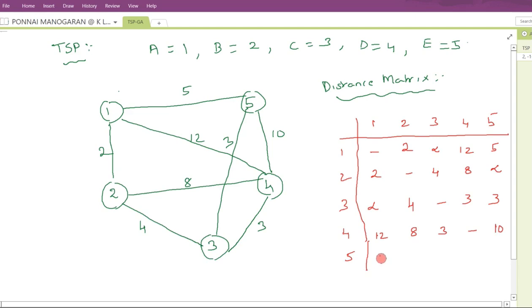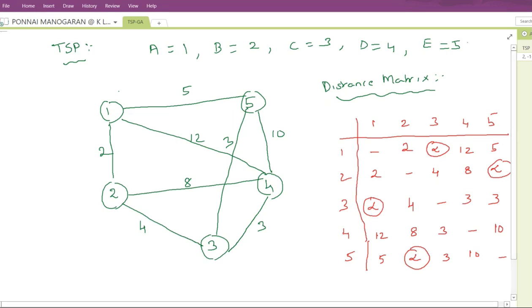Between 5 and 1 is 5, 5 and 2 there is no direct path, infinity you can put, and 5 and 3 is same as 3 and 5, 5 and 4 is same as 4 and 5. So you can see this is infinity. So that means there is no direct path available. Okay, so this is the case.